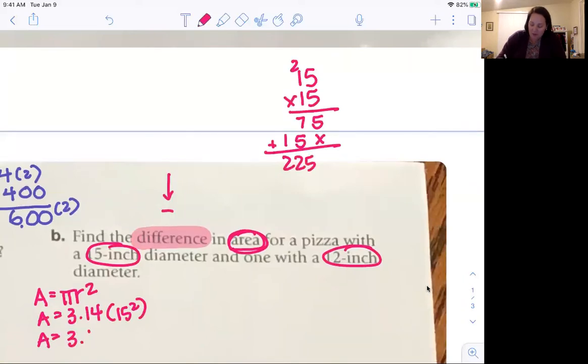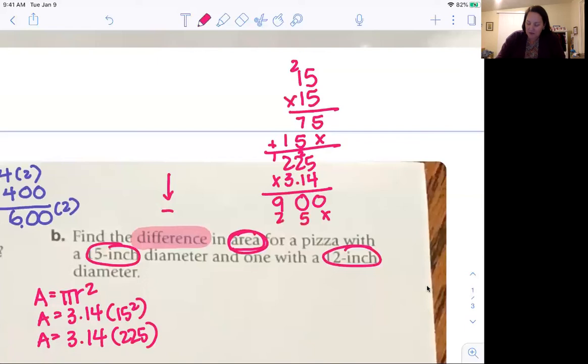So 3.14 times 225. Okay, let's figure that out. I'm just going to use this and keep going. 5 times 4 is 20, 0, carry the 2. 4 times 2 is 8 plus 2 is 10. 4 times 2 is 8 plus 1 is 9. I have a 5, 2, 2 here. Let me go into my, you know what, I'm going to bring this up here just so I have some room. You guys probably have a lot of room on your papers.